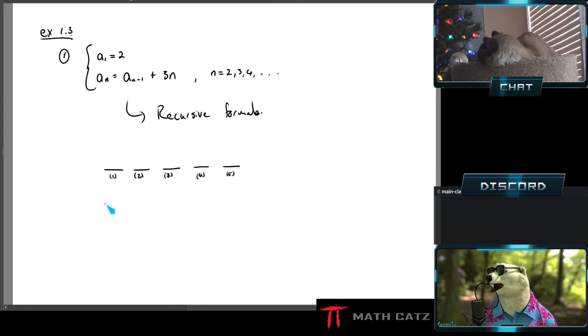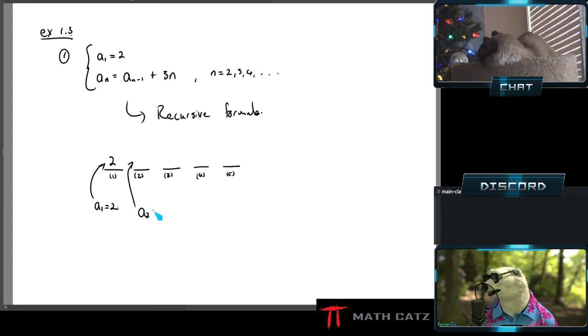Right. So let me write out the first couple at least, and you can let me know how it feels. So when I want to find the first term, it's the first special case. It's listed separately from the rest. Because in a recursive formula, I need to have a starting point before I can start looping this together. So there's nothing to do there. You simply put it in. But for the second term, maybe there's a little more to do.